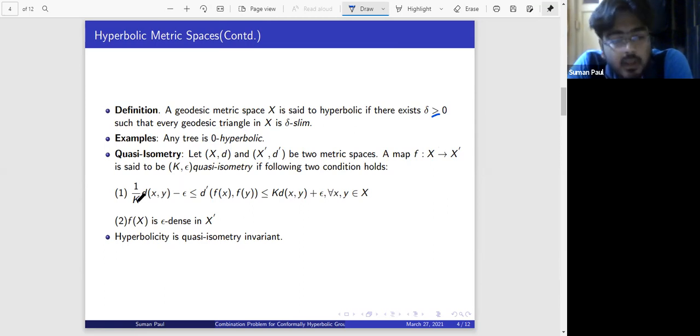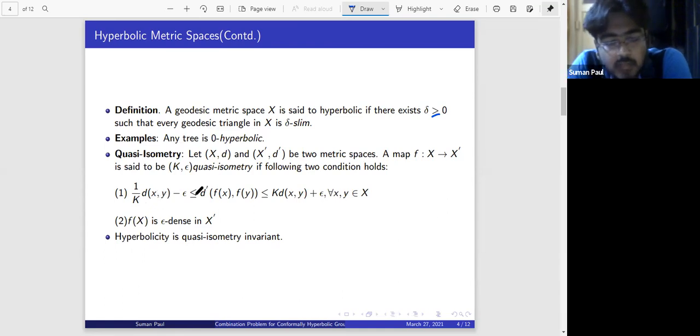The first condition says that d prime of f(x), f(y) is between (1/K) d(x,y) minus epsilon and K d(x,y) plus epsilon. So if I take K equals 1 and epsilon equals 0, this is basically giving me isometry.